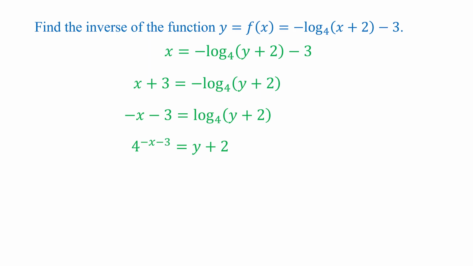And then we can finish off by subtracting 2 from each side. We've now isolated y, and y is equal to 4 raised to the power of (negative x minus 3) minus 2. So the last step here would be to rename y as f inverse of x, and we have our inverse function. f inverse of x equals 4 raised to the (negative x minus 3) minus 2.